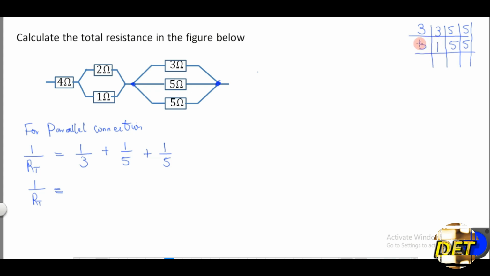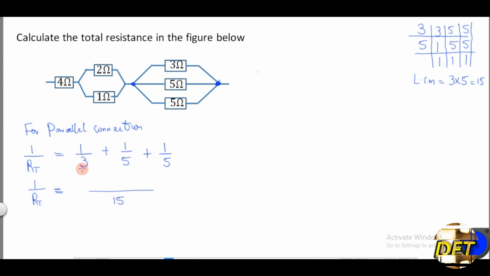What can go again? 5 can go. 5 divided by 5 is 1. 5 divided by 5 is 1. So the LCM is equal to 3 times 5, which is equal to 15, right? So I'll write my 15 here as the denominator.